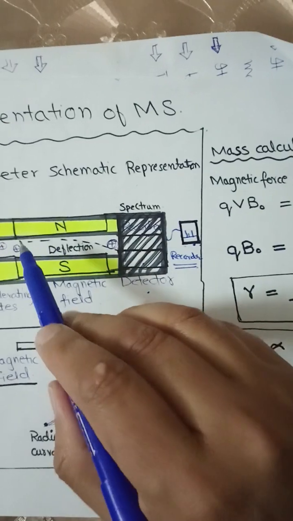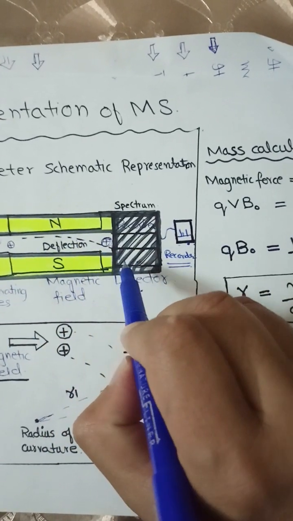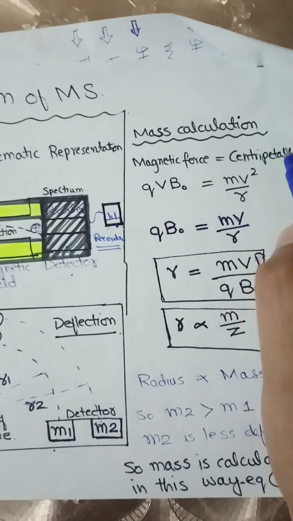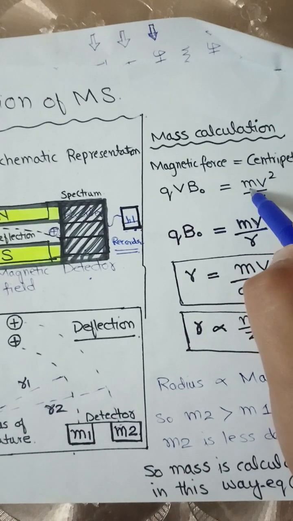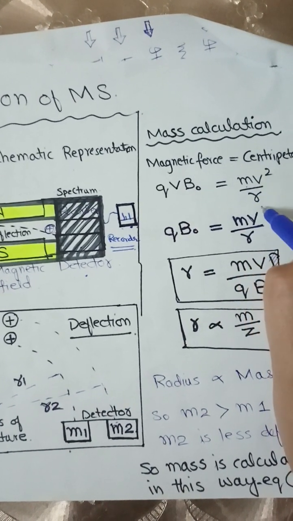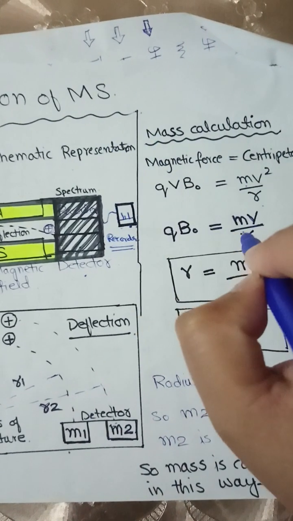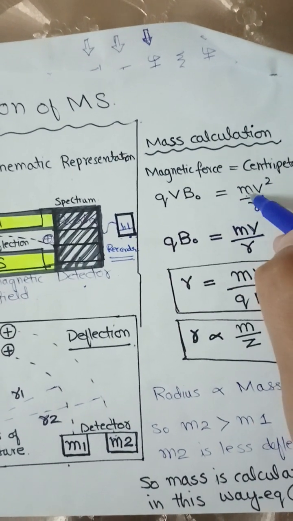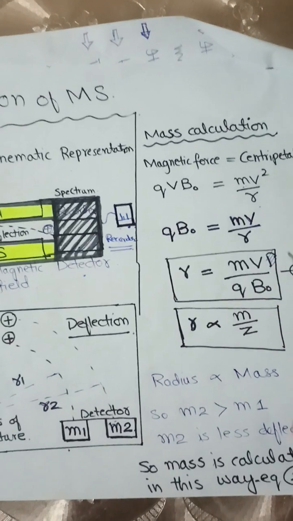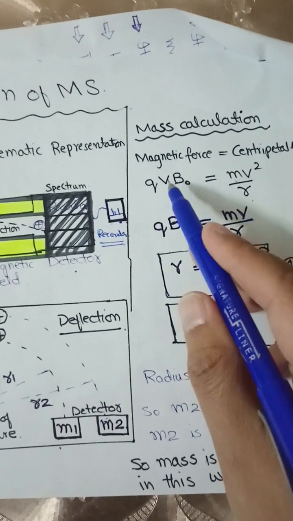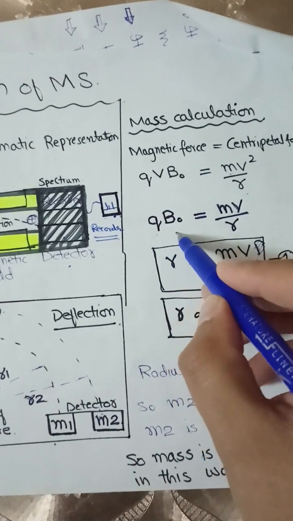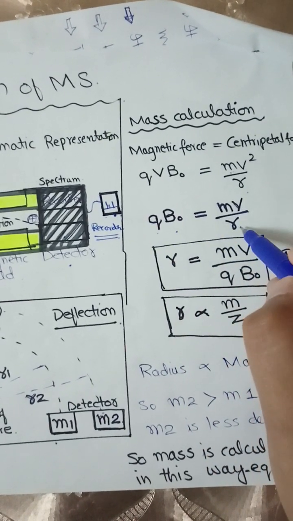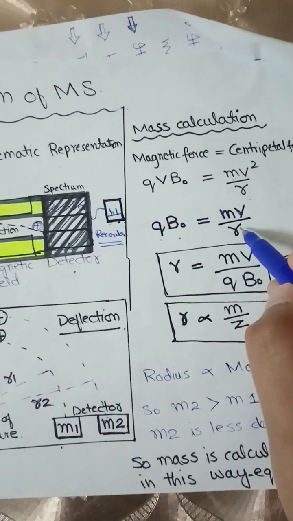And when this molecule moves in a circular path, it produces a centripetal force which depends on the mass of the molecule and velocity divided by the radius of curvature. So it is mv squared by r. If we look here, one v cancels, and it gives qB equal to mv divided by r.